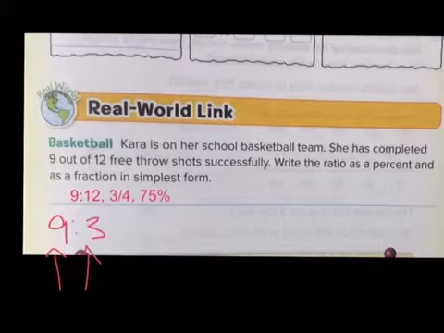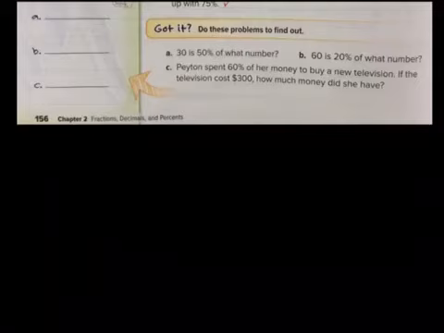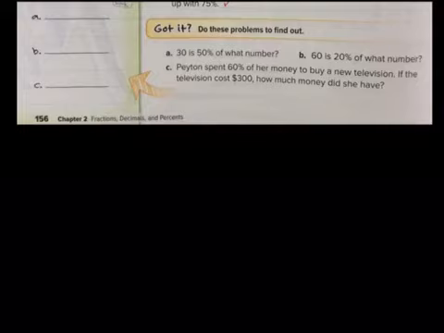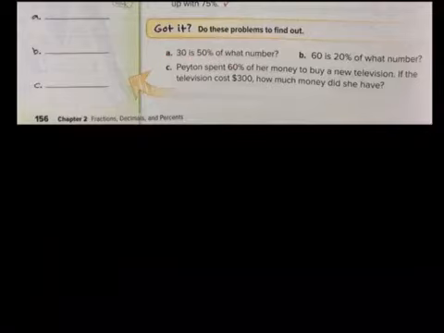But I'm just going by what the textbook is telling me, though this is the more correct way to write it. And then we have the simplified fraction and our percent. Go ahead and put a nice star right there as a key answer. Now on the next page, page 156, we have to get very familiar with the wording. So pay very close attention.